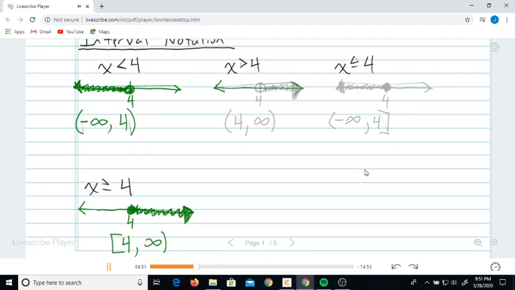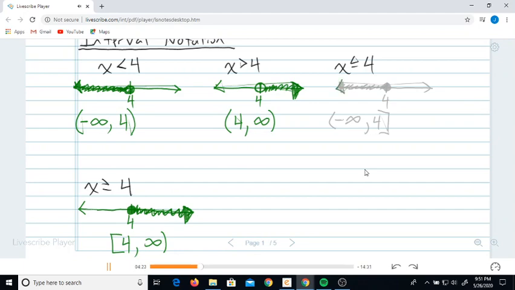Looking at this example, x is greater than 4. We cannot include 4, so it's an open circle, and we're selecting all values above 4. Reading from left to right, the solution set starts at 4 and stops at positive infinity. Everything there is parentheses.